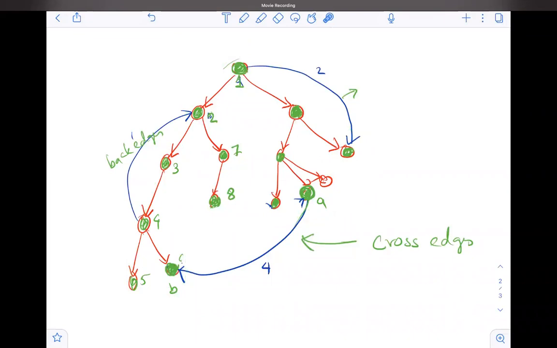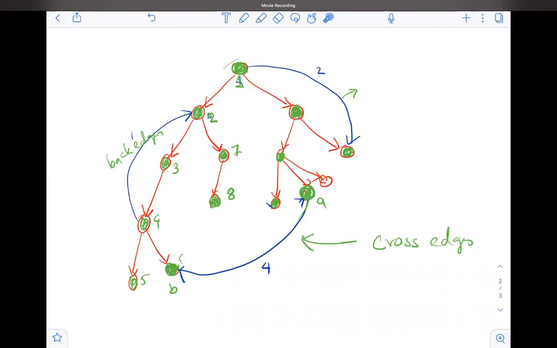Any vertex has, say, 2 children, called the left child and right child. If it has 3 children, they are called the leftmost, the rightmost, and the middle. So there is an ordering of the children of every vertex.